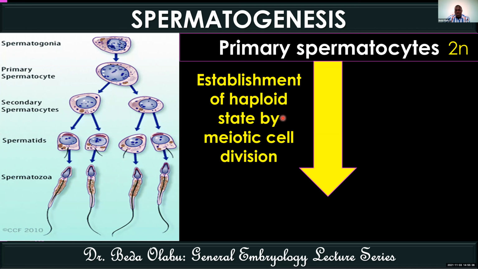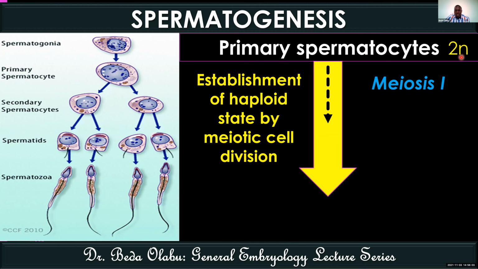In this case, 23 chromosomes instead of 46, which we call the diploid state. Now, the primary spermatocytes are diploid cells. They have 46 chromosomes. The primary spermatocyte must undergo meiosis so that we now reduce the chromosomal number by half.